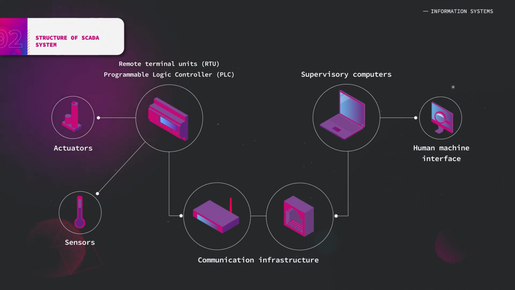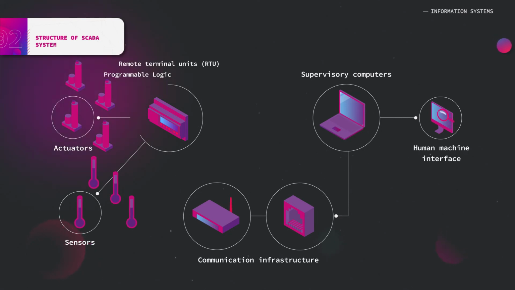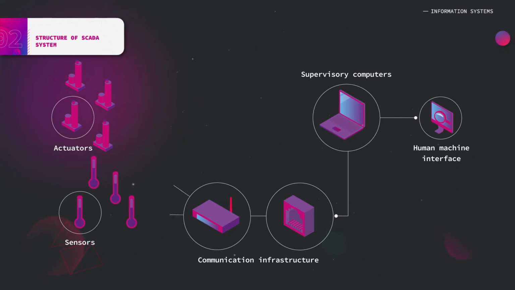Communication infrastructure to connect PLC or RTU to supervisory computers. A power plant or a factory could have several controllers in their processes. The current trend is to use devices that already integrate a controller and a network interface. It bypasses the PLC to communicate directly with supervisory computers.